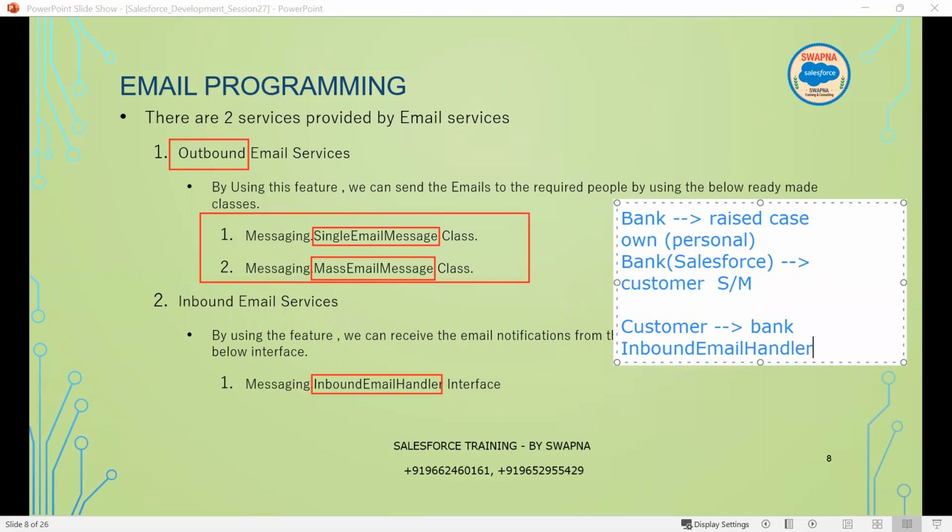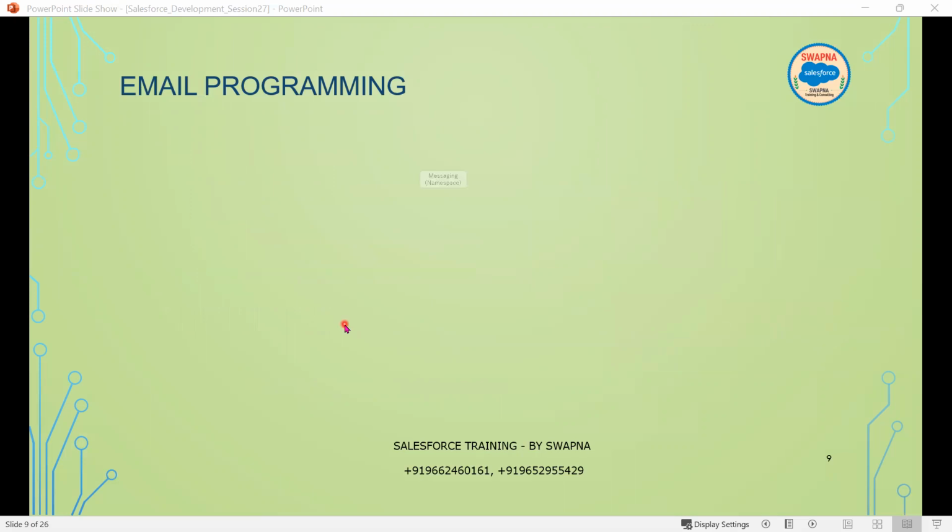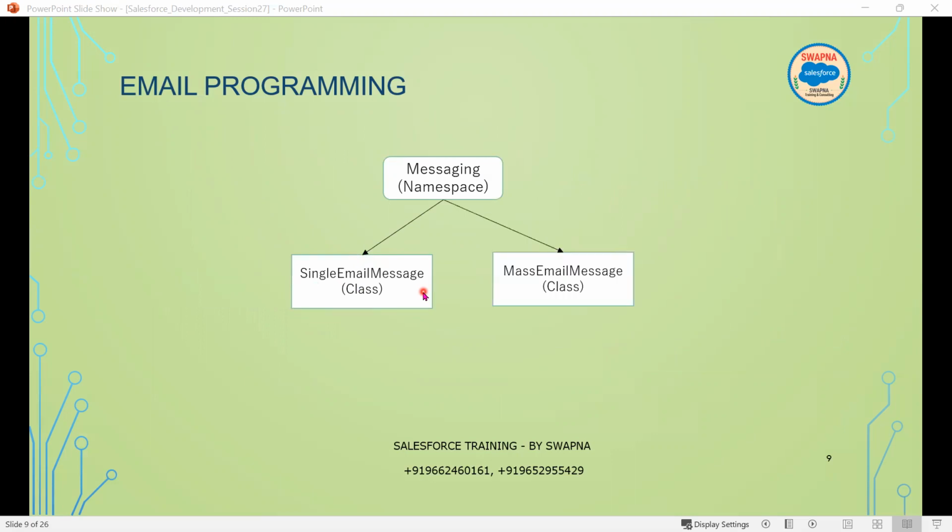If I want to receive an email from the customer and store it in Salesforce, because the bank is using Salesforce, in order to save that, I'll be using the InboundEmailHandler. So inside the Messaging namespace, I now have two classes, SingleEmailMessage and MassEmailMessage. This is for the outbound emails. For the inbound, we have an interface called InboundEmailHandler.